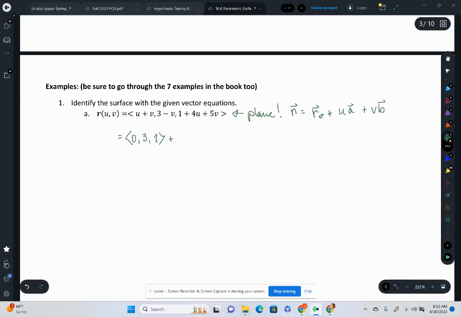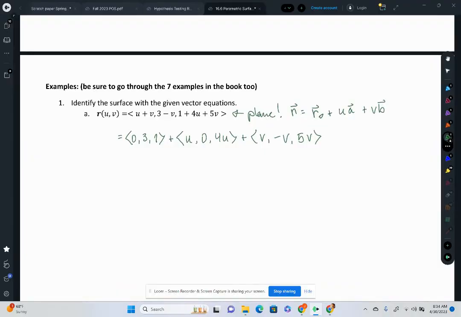Plus, I'm going to write my u terms. So my second vector, I have a u from the first component, I have a 0 from the second component, and I have a 4u from the third component. Then we have the v vector and its coefficients. We're going to get v from the first component, minus v from the second component, and 5v from the third component.